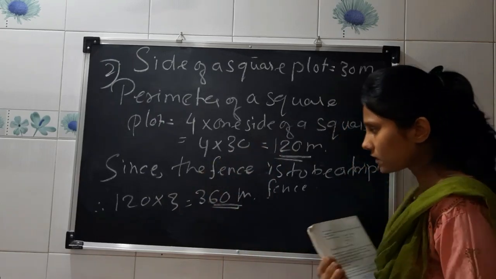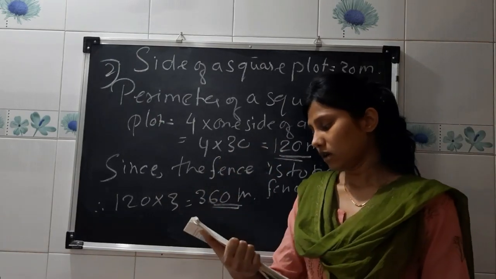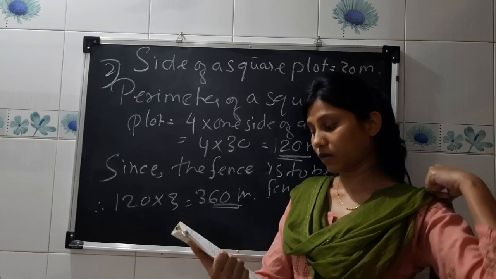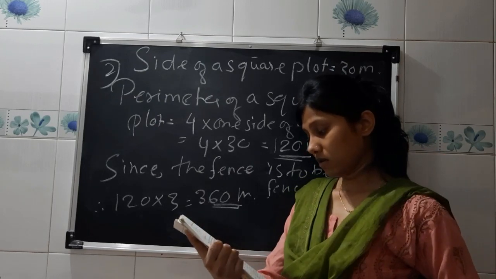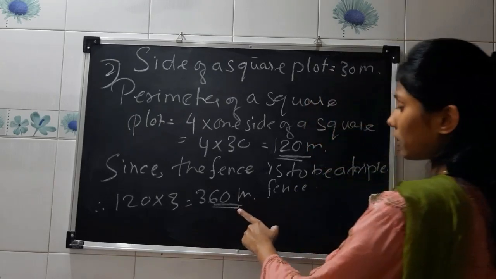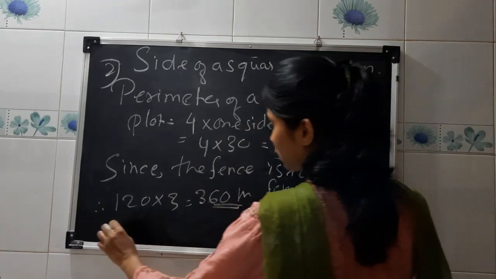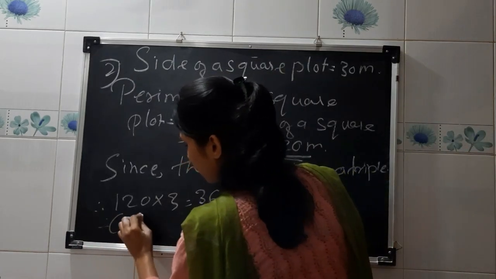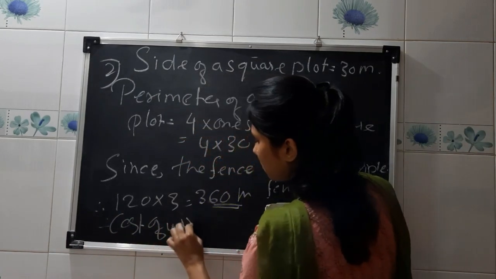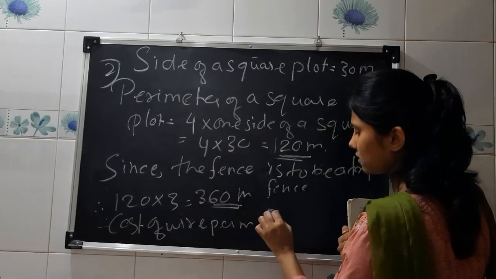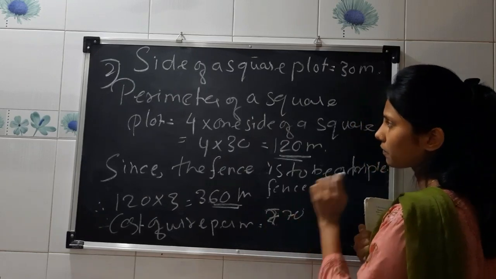Now they have given you the cost of wire per meter. We have to find out the total cost of wire to put a triple fence around a square plot. So therefore cost of wire per meter, they have given rupees 70.